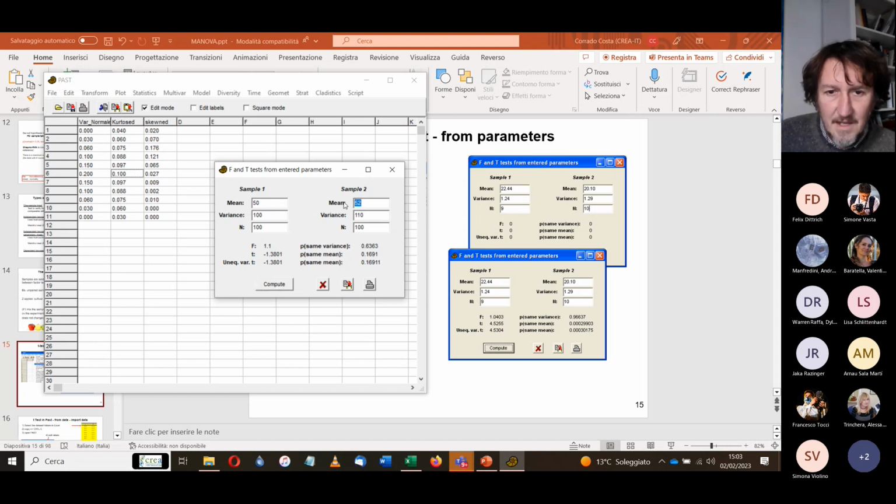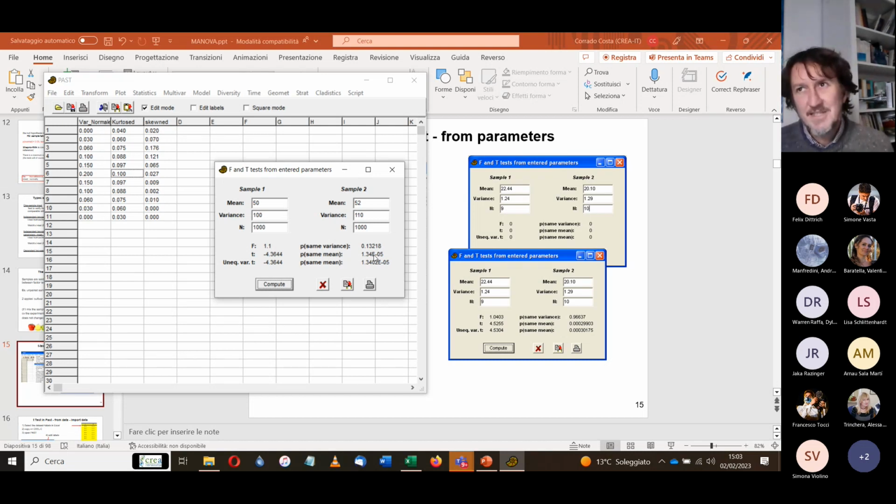But if I increase the number of samples to 1,000 here, it becomes significant. This is very, very important for all of you that are investigators.